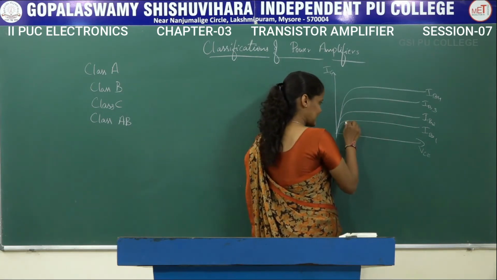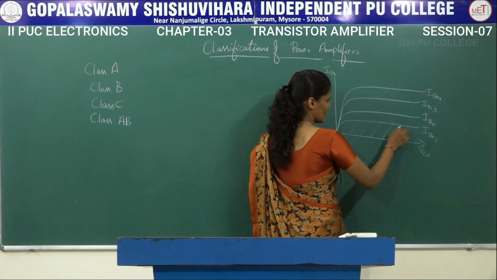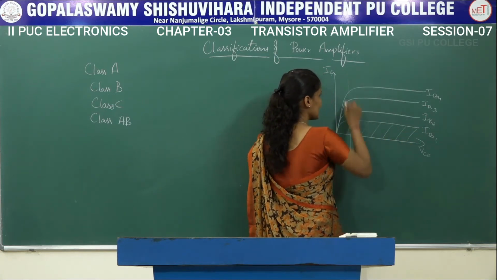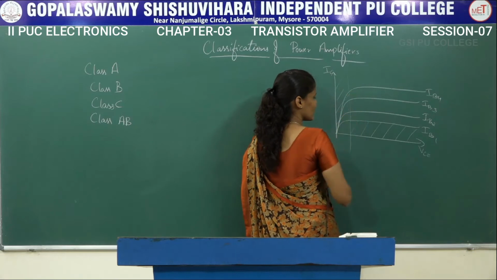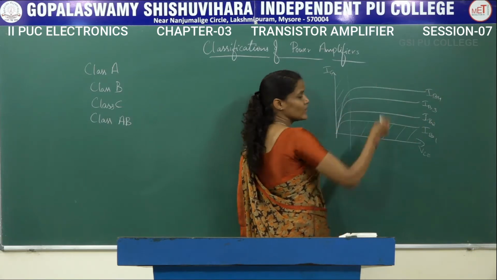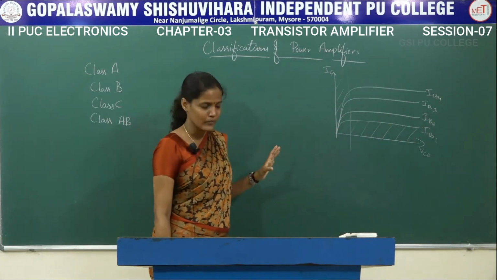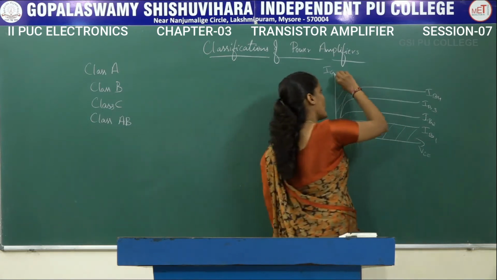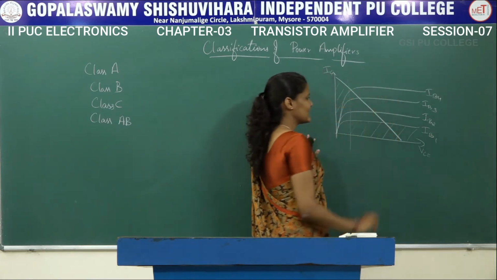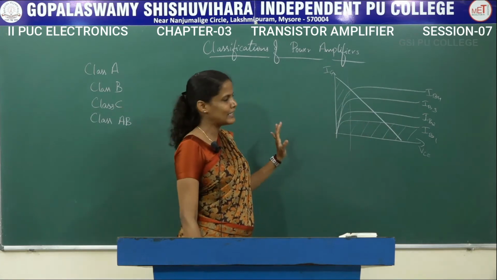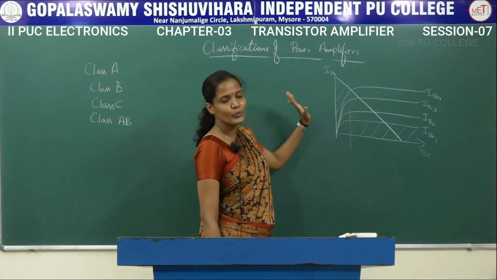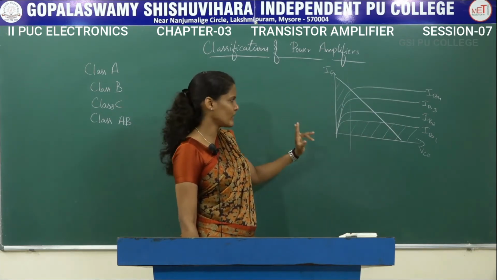So this region will be called the cutoff region, this region will be called the saturation region, and this central region will be called the active region. Here we are going to draw a DC load line, that is nothing but the straight line drawn in the output characteristics curve of a transistor.